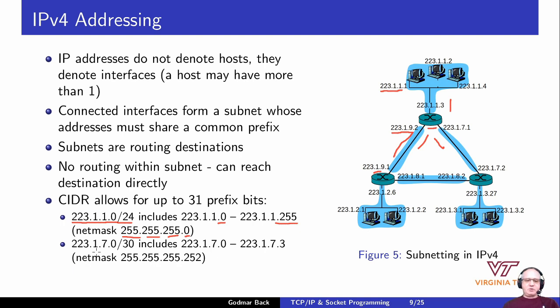For example, I could define a subnetwork 223.1.7.0/30 if I'm willing to use the first 30 bits of the address to denote the prefix that is common to this subnetwork, and then the last 2 bits to address hosts in there. In this case, this would be 4 hosts from .0 to .3, and the net mask accordingly would be 252, which has 2 zeros at the end in its binary representation.